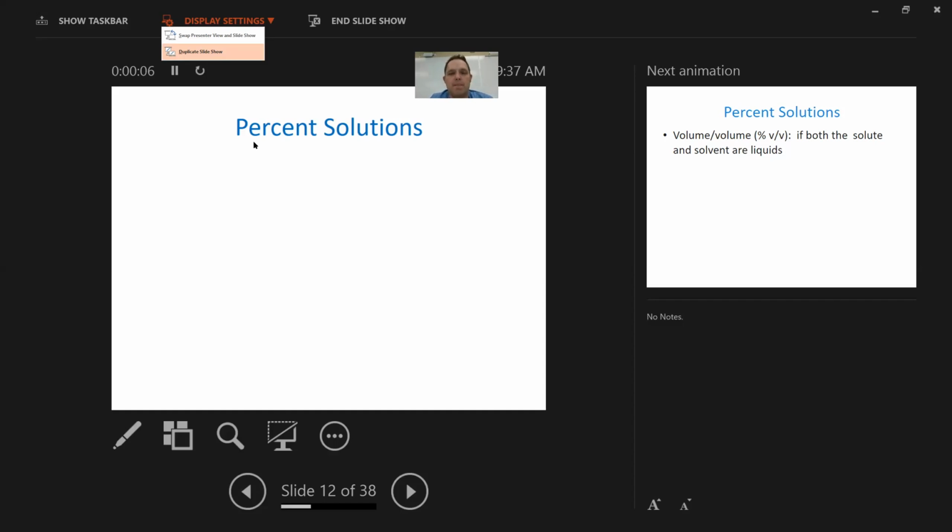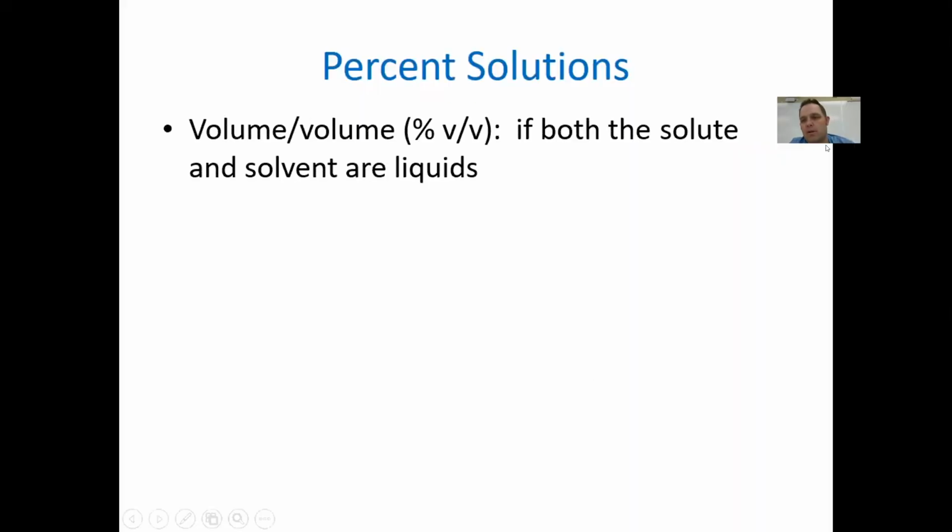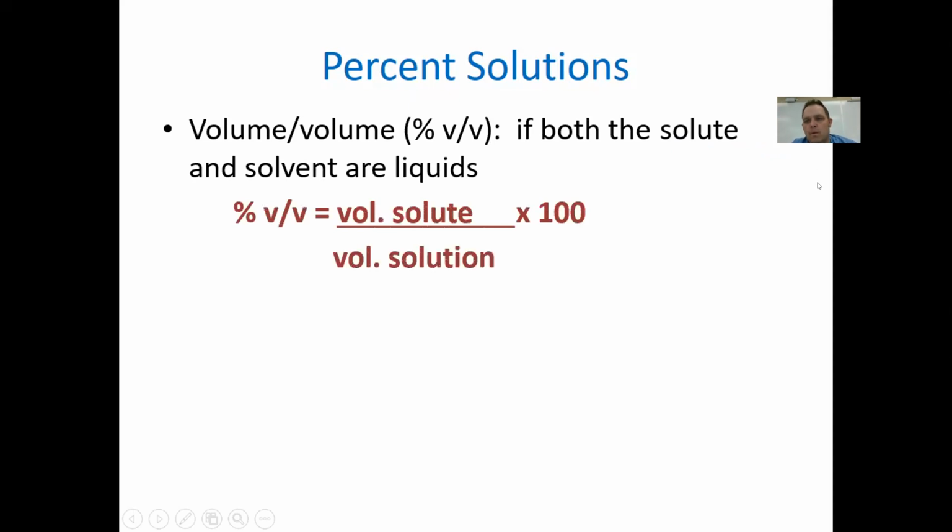The first way, sorry, my computer is taking a little bit longer to get up, is by percent volumes. So that would be volume of solute divided by volume of the whole solution times 100.